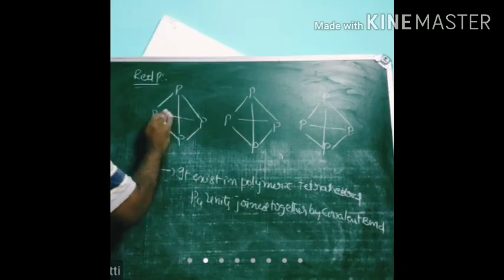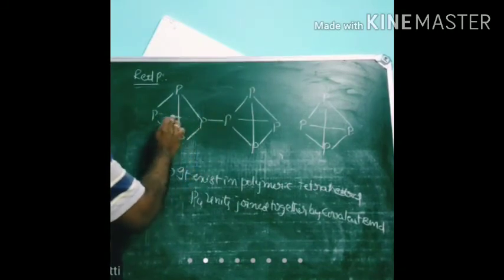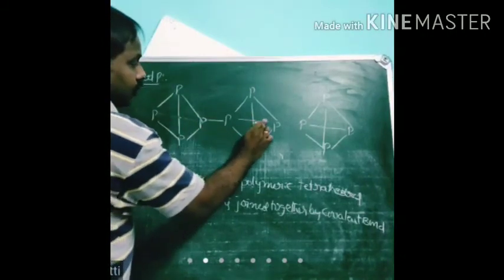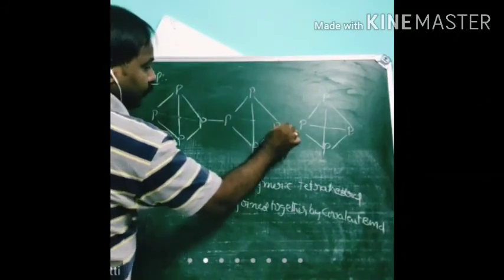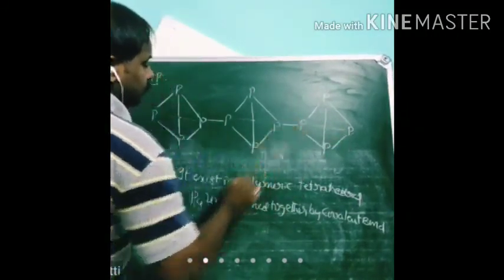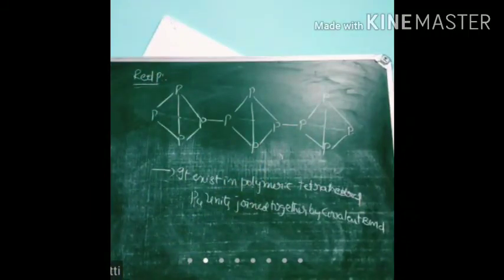But in red phosphorus, there are covalent bonds between the units, so they exist in polymeric form. Polymeric means they form long chains, with covalent bonds between the chains. That is about red phosphorus.